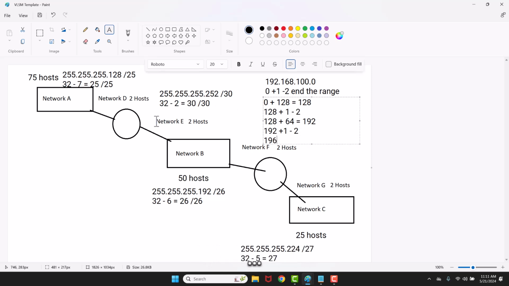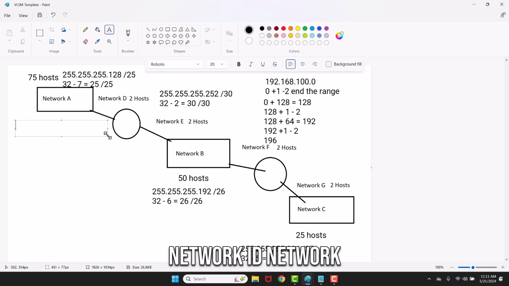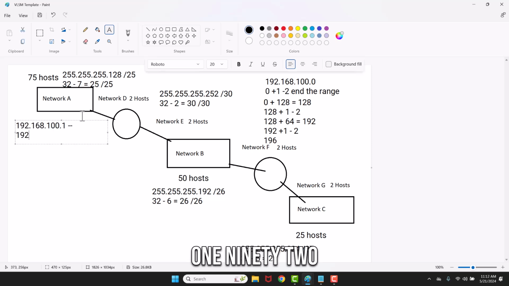So every single time we do a valid range of addresses, we have always started with network 0. So my pattern for a class C, and you can go back and look at those list of questions, is network ID, network ID, network ID, increment plus 1 through network ID, network ID, network ID, next increment minus 2.